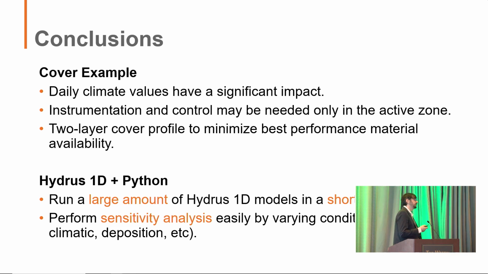And the main point is playing around with Hydrus 1D plus Python, which means we can run a large amount of Hydrus 1D models in a short period of time, and we can perform sensitivity analysis easily by varying conditions, such as hydraulic, climatic, deposition, etc. And that's it. Thank you.